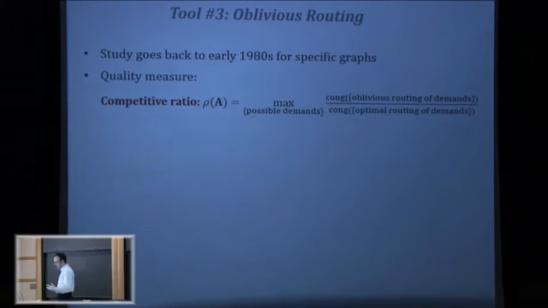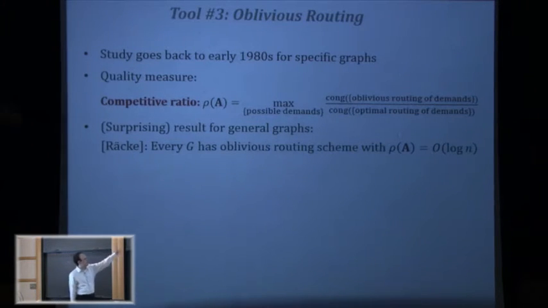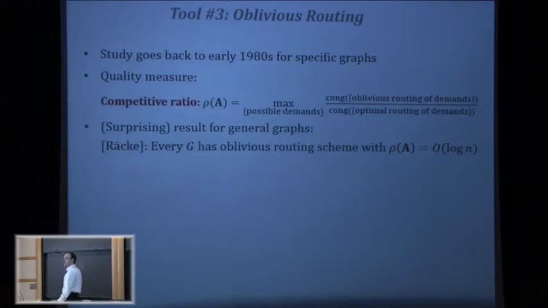If you think about this, there is no obvious reason, at least to me, that this should be bounded. It's pretty strong: it says that no matter what the traffic is, you can ignore all the traffic. So there's this beautiful result that I thought was really surprising, by Räcke, that every graph G has a single oblivious routing scheme you can pick so that the competitive ratio is O(log n), which I think was a real surprise.